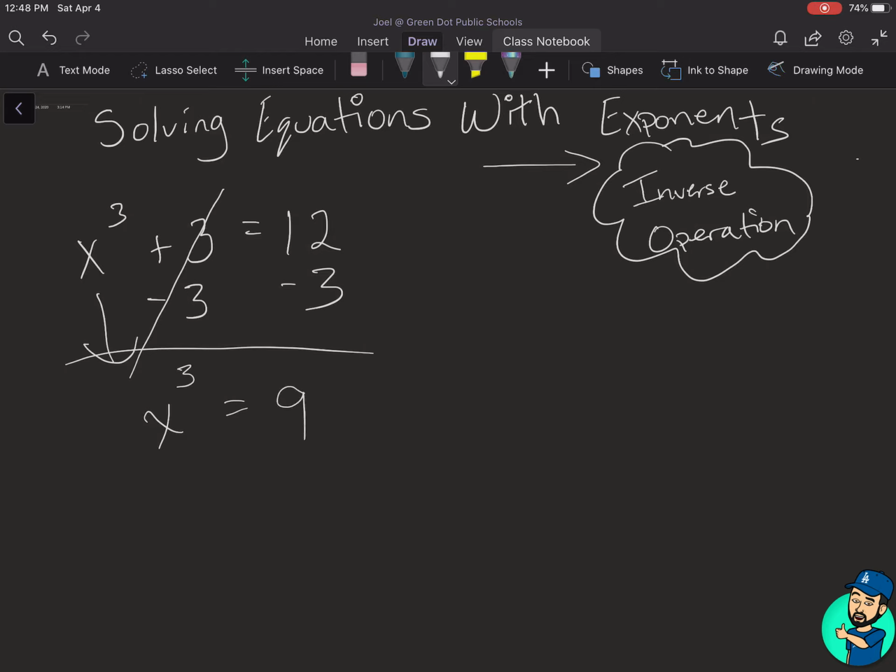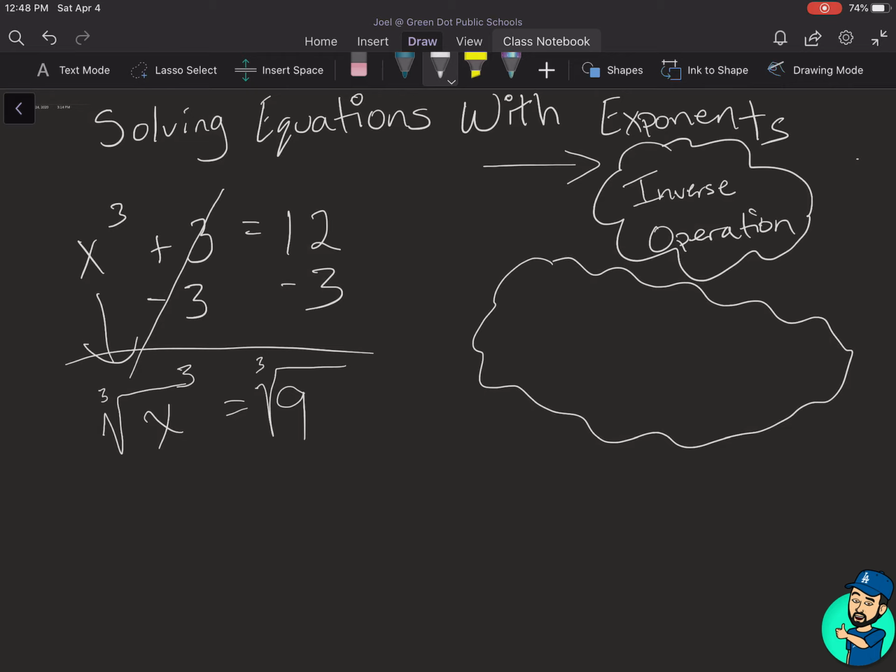Now to get rid of that cubed, or to the power of 3, you need to use a cube root, which looks like this. And you'll see a little 3 right here. Whatever you do to one side, remember you've got to do it to the other side. Now I'm going to do a little note section over here. Okay.